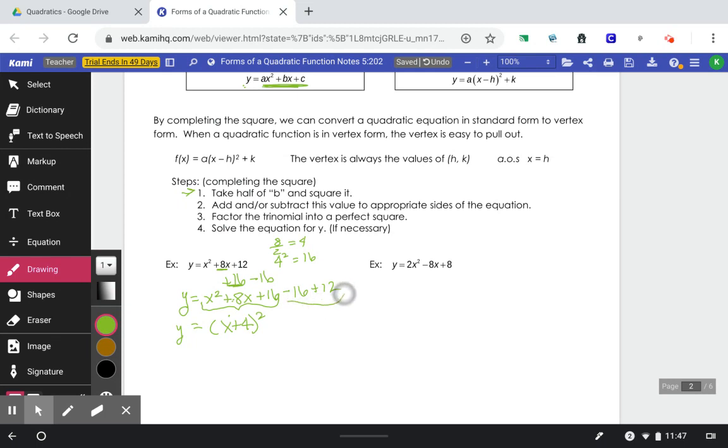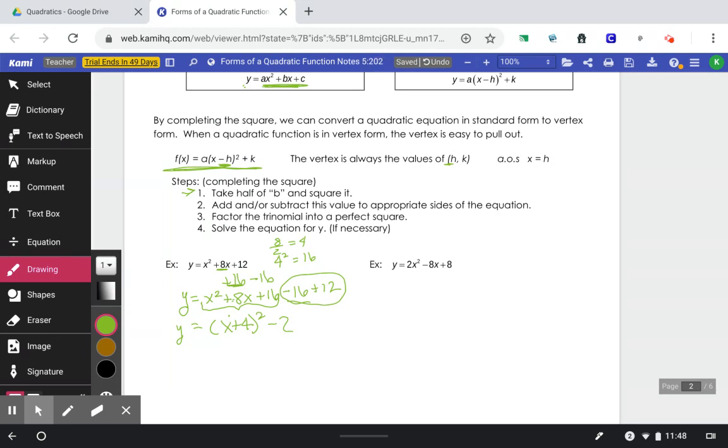Now, what I have left, I have to add these two together. So negative 16 and 12 will give me negative 2. Okay? So now the important part is that it's written in vertex form. We can find our vertex by always taking the h value, and it's always going to be the negative h value.